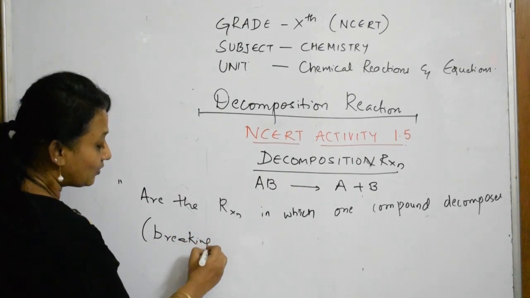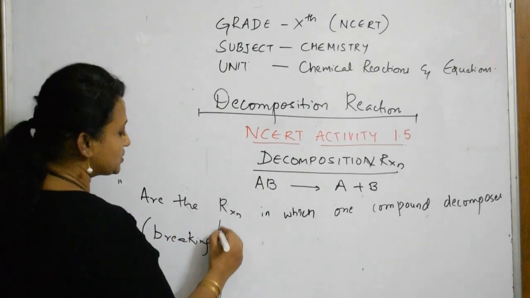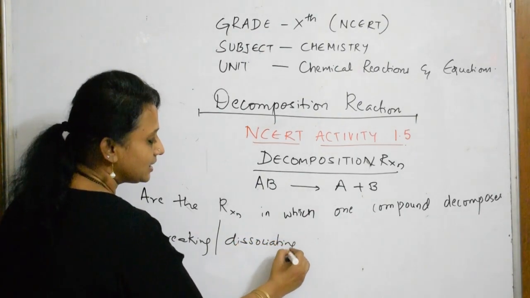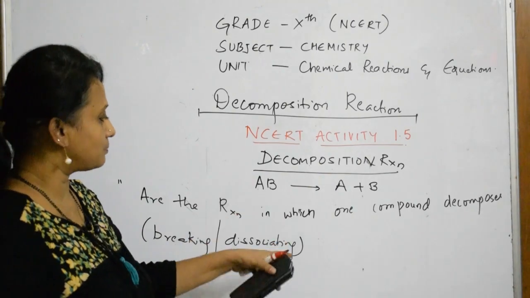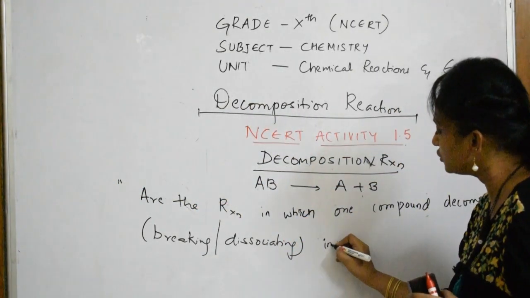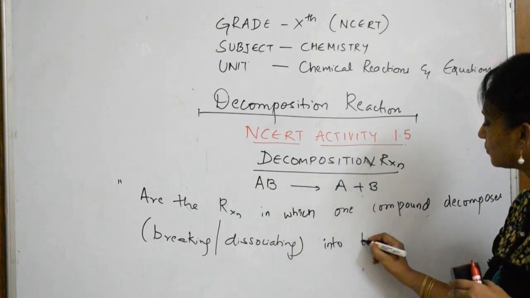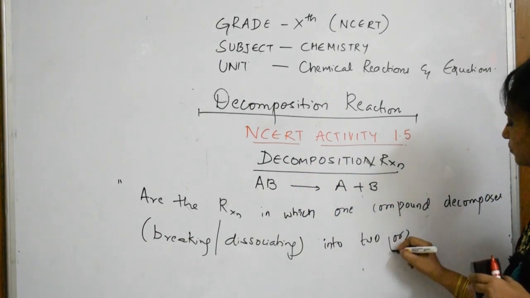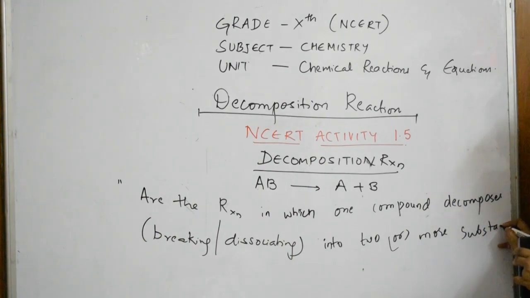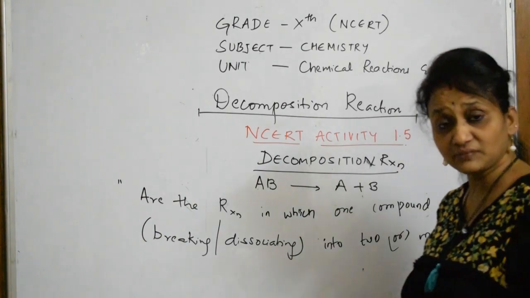One more word of breaking, dissociating, means separating. So those reactions in which one compound decomposes or breaking out or dissociating into how many? Two or more substances. It can be more substances. It can be three also, right?